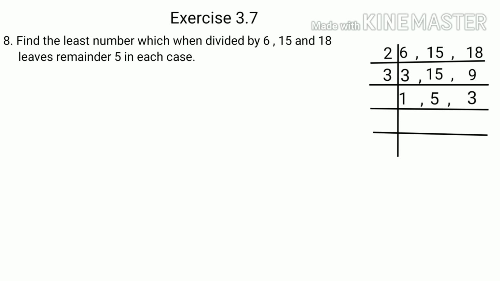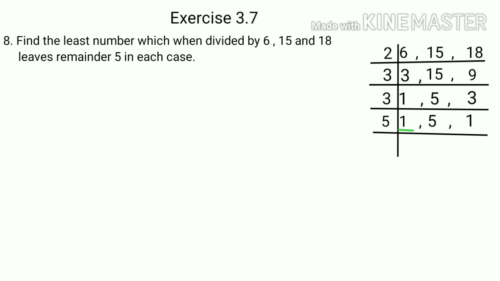Now again, we will divide by 3. Here, this 1 will come down as it is. And since 5 is not divisible by 3, we bring it down. Now when we divide 3 by 3, we get 1. Now we can divide by 5.